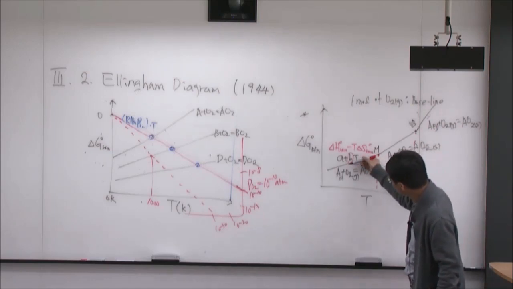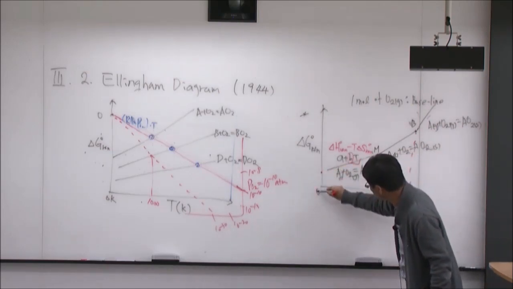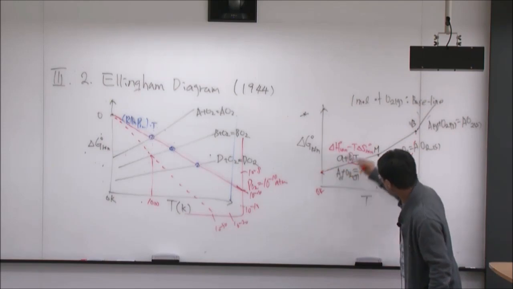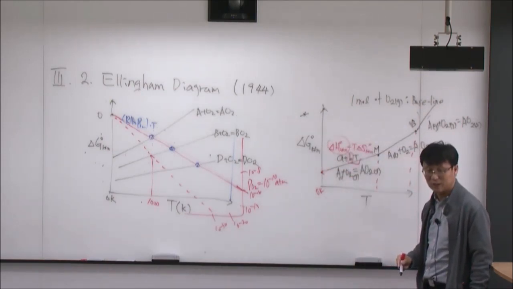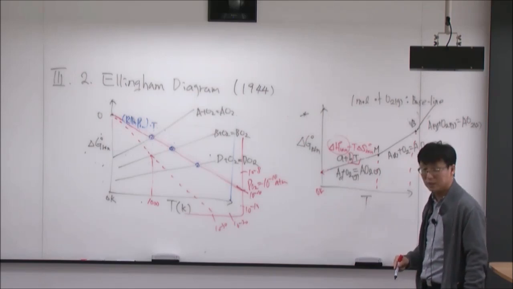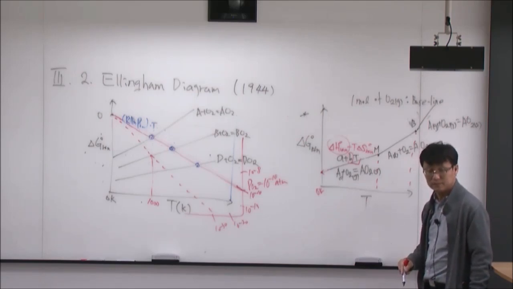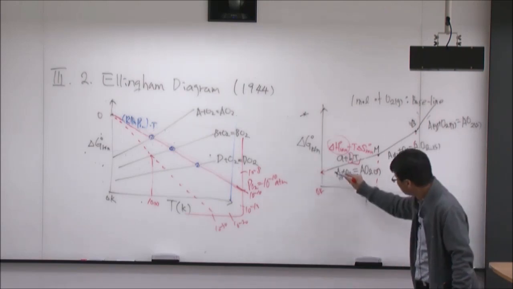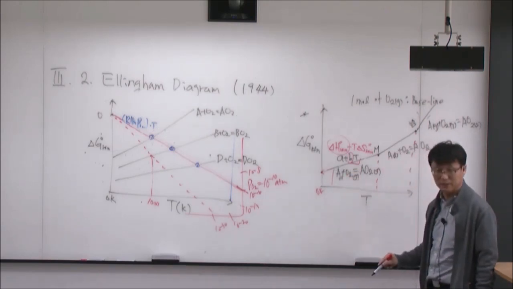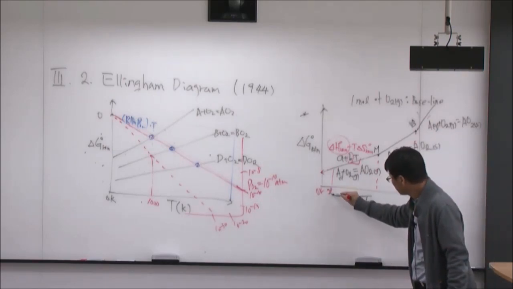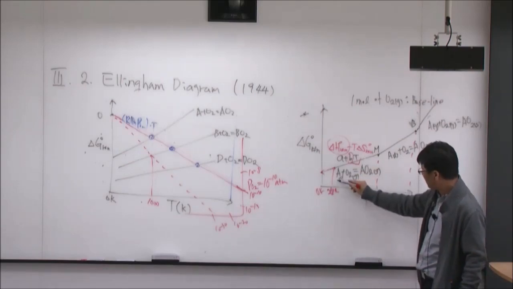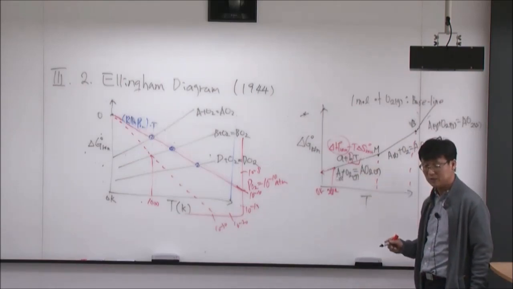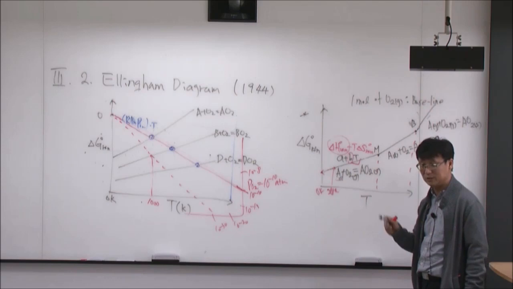Of course, now if you extrapolate this down to 0 Kelvin, then you can calculate delta H of reaction, delta G naught of reaction, delta H naught of reaction. Or if it is at 298 Kelvin, H 298 of A solid is 0.